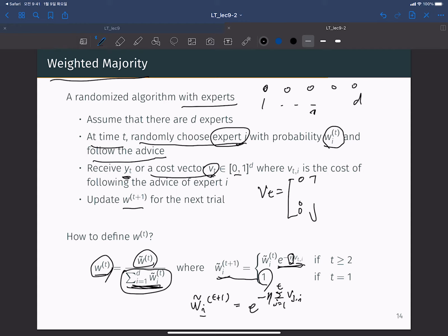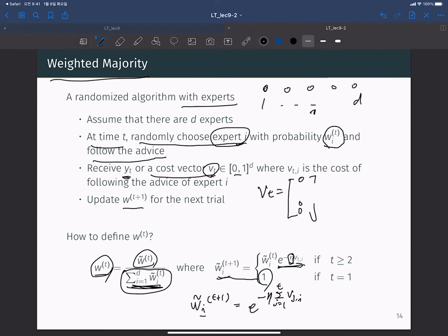On the other hand, if the cumulative cost up to now is very tiny, then it is good to pick that expert more frequently, more often, to reduce the regret. So that is the simple rule we apply for weighted majority.